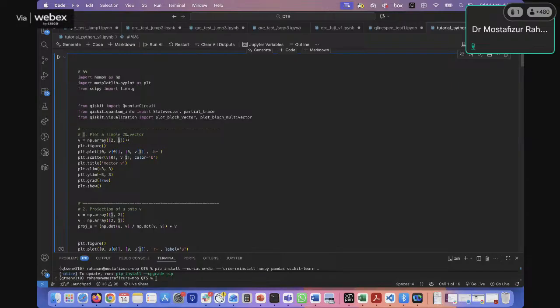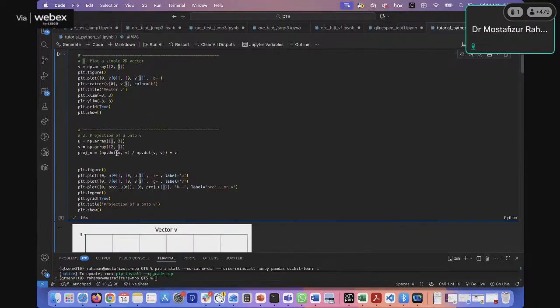Then we'll do a mathematical projection on the x-axis. So we do the dot product. Similarly, on quantum you can do the swap test circuit. Classically we do np dot dot, so u dot v, and then we normalize this to get a normalized vector, because that's the definition of the projection, right?